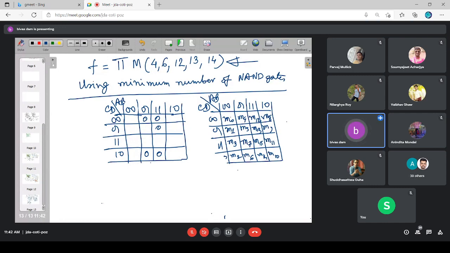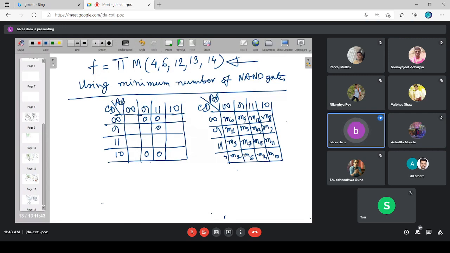So you have to follow the same process as in SOP, but here instead of ones, you have to make the groups of zeros. And those groups of zeros will be termed as prime implicants. When you are concerned about the function representation of the prime implicants, you have to find the sum term corresponding to each of them.